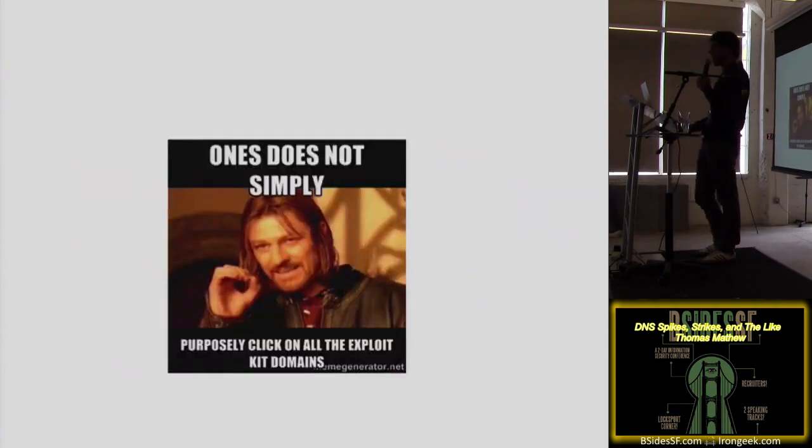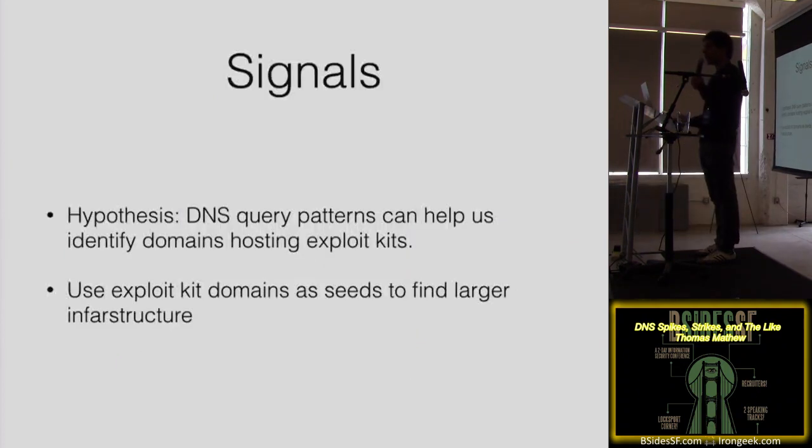So let's start with a very simple idea. Exploit kits have a set of domains that are all connected in a chain. You might expect a user to click on perhaps one of those domains on purpose, but not the entire set. This gives us an interesting idea. How about we have the following hypothesis? DNS query patterns can help us identify domains hosting exploit kits.